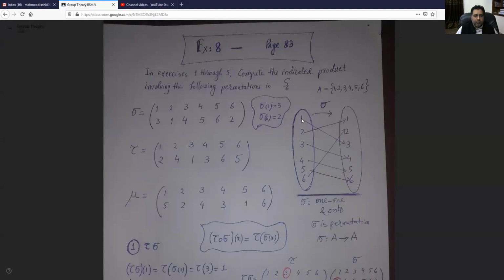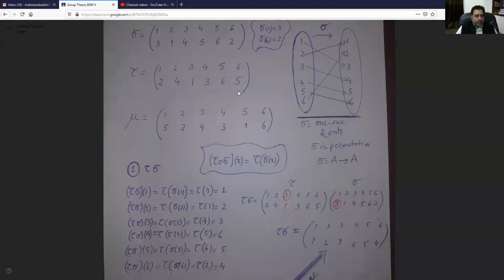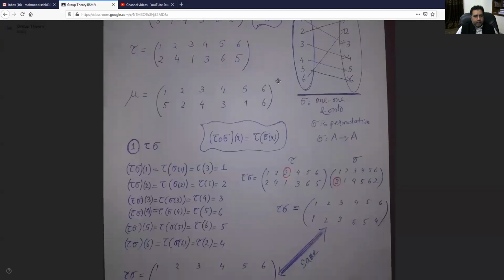So this is the same sigma in this diagram as written over here in the form of an array. Of course, sigma is a permutation. So sigma from A to A is a bijective mapping. And similarly, tau and mu, they can be represented in this way. So we need to multiply these permutations according to the situations given.